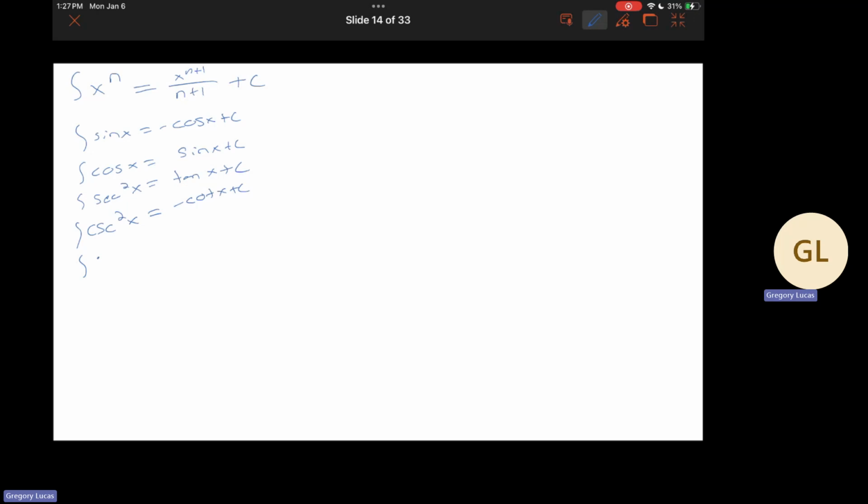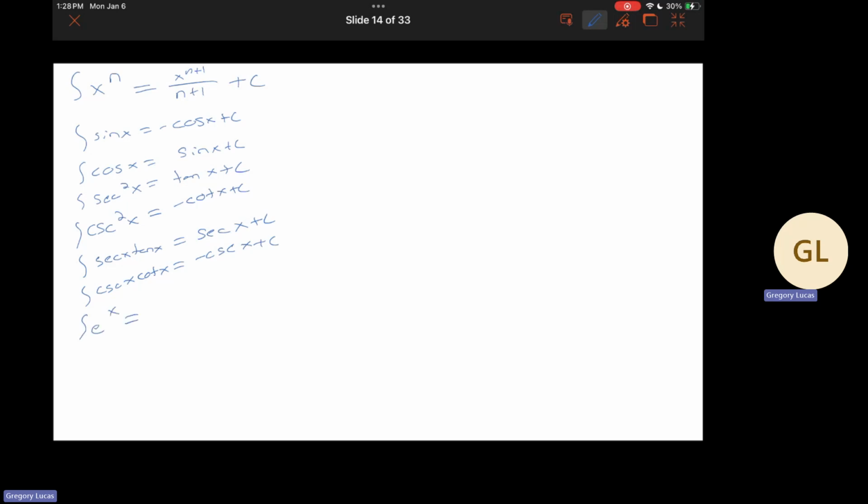If I do secant x tan x, that would give us secant x plus c. If I do cosecant x cotangent x, I'd have minus cosecant x plus c. All right, so those are all of our trig ones there.